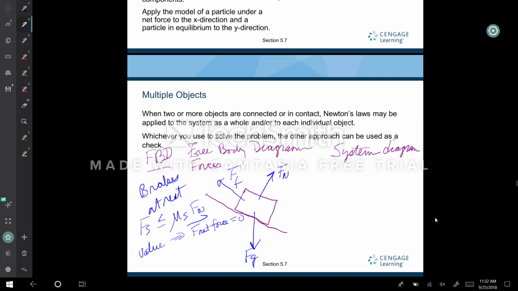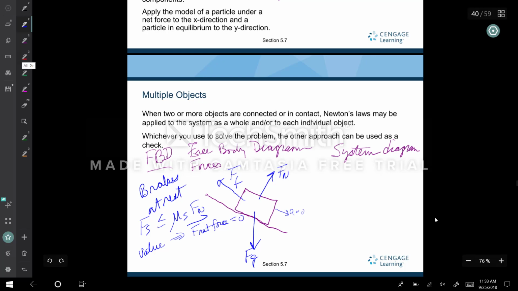So it's going to be as big as it needs to be so that it cancels all the other forces. So motion, acceleration, whatever, acceleration is 0. I want you to show acceleration on your diagram, even if it is 0, because you're going to have F equals ma.